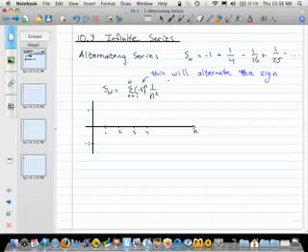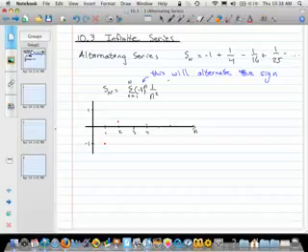So here is what my terms look like, and then 1/4. And now they're just getting closer and closer to the axis. If I keep this up, eventually it'll be so close that we can't even tell. But it goes above the axis, below the axis, above the axis, below the axis.